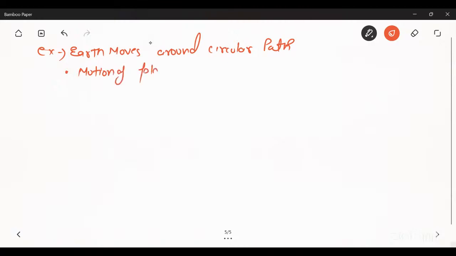Earth moves around a circular path. Second example was the motion of planets around the sun.